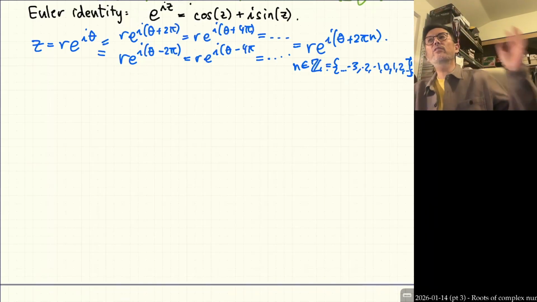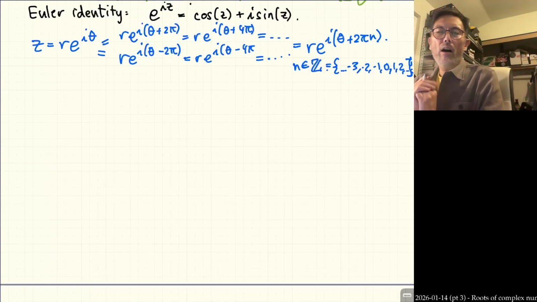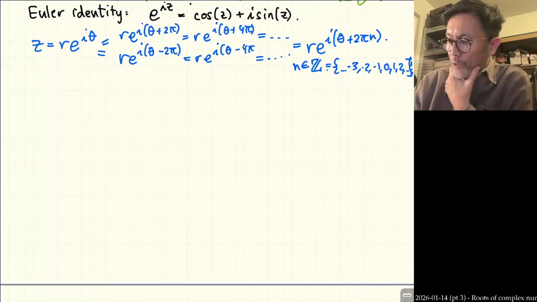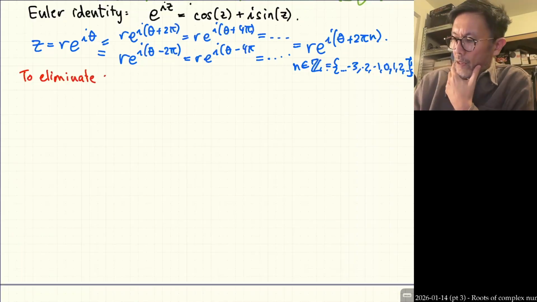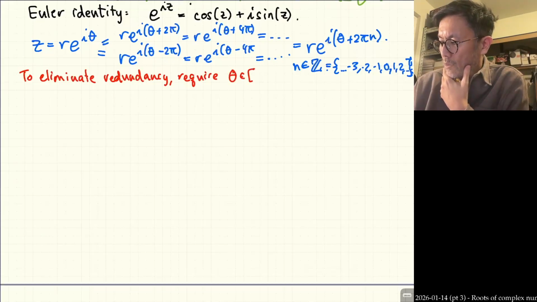If we want to shed ourselves of the possibility of redundancy, we can do the following move. To eliminate redundancy, require that theta be in the interval from 0 to 2 pi.